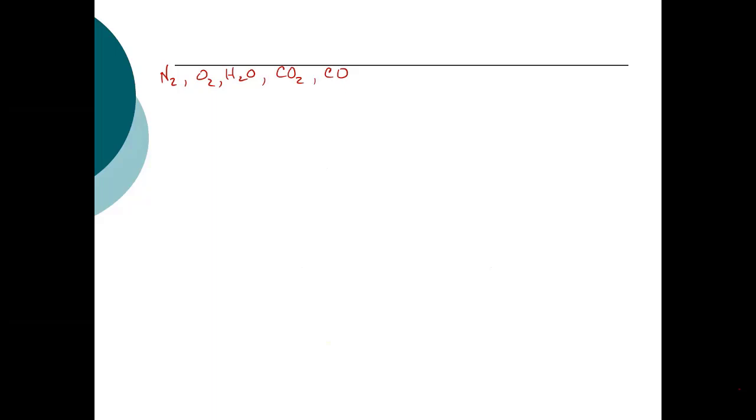Dalton's law of partial pressures said that we could write an expression that the total pressure is equal to the partial pressure of each of these components.